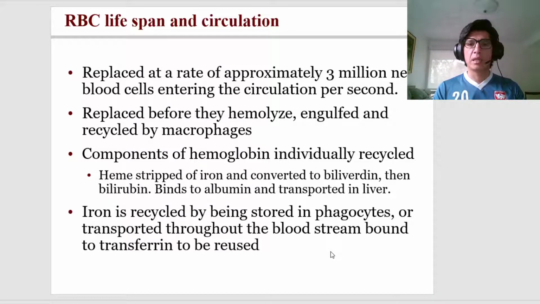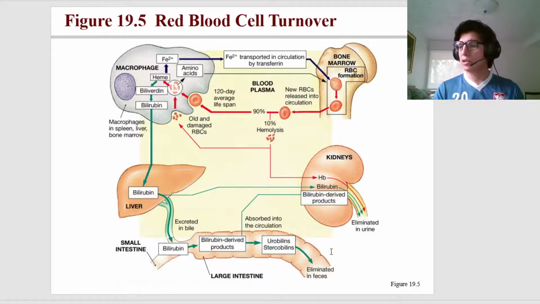Let's look at the life cycle of red blood cells. Usually, you have about 3 million red blood cells being formed every second. And this is the life cycle.